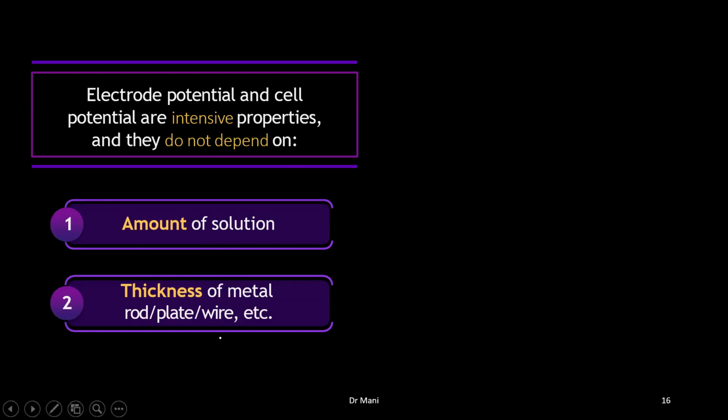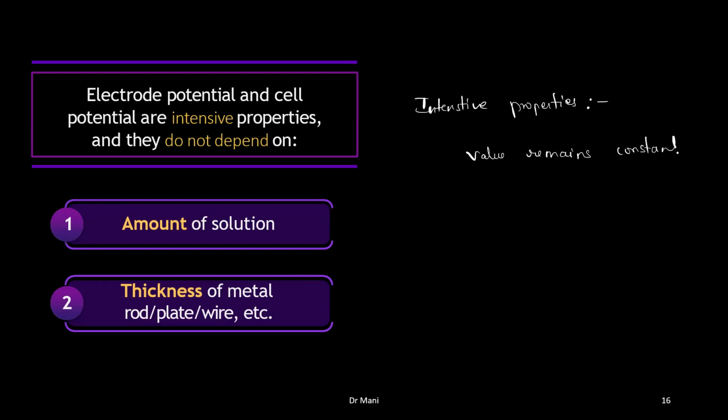What is the meaning of intensive properties? Intensive properties means the value remains constant. It will not be influenced regardless of the change in physical parameter.